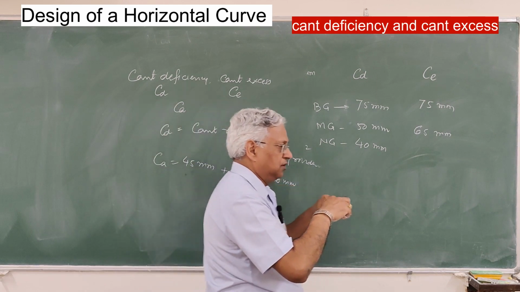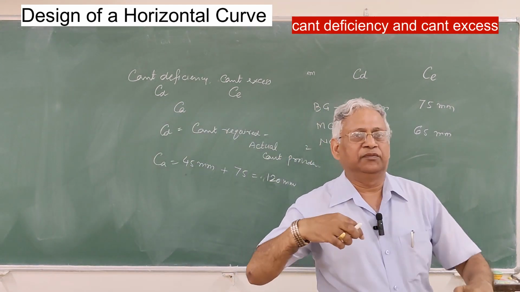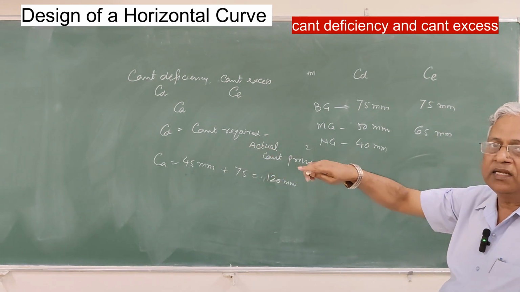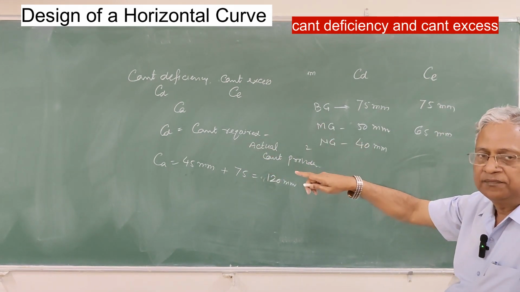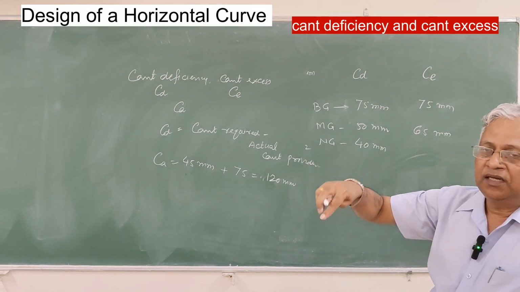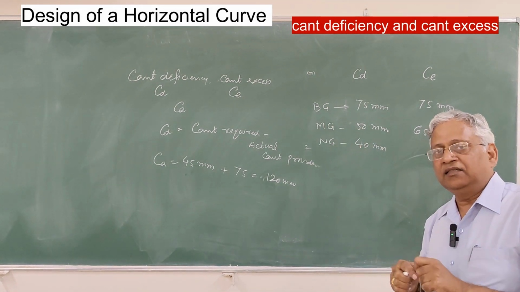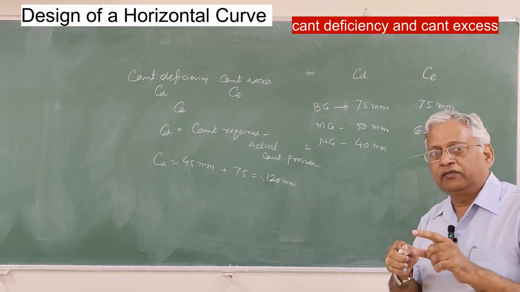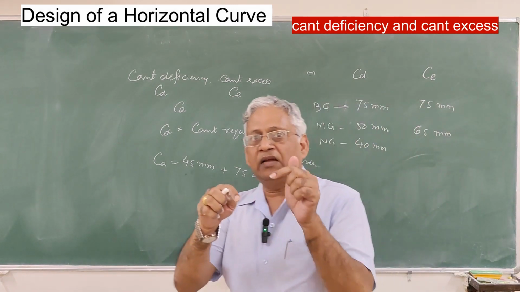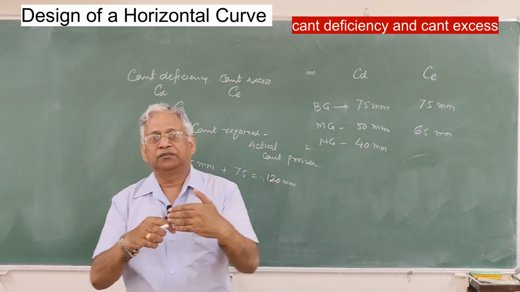Now, here also the concept is same, that if a train is moving at a speed which is lower than design speed of the curve, then there will be excess of Cant. And when there is an excess of Cant, the centrifugal force will be lower than the centripetal force. So, component of gravity will be now unbalanced.